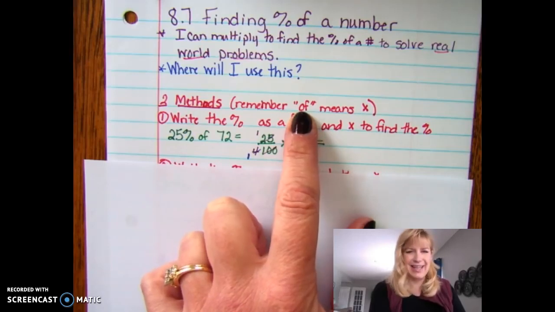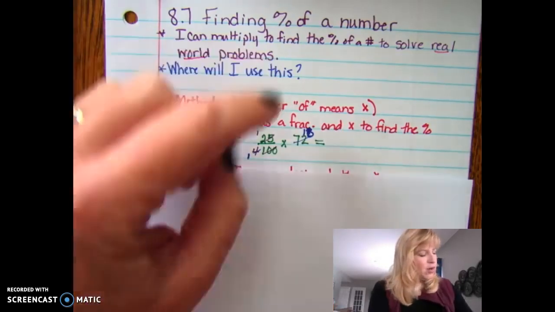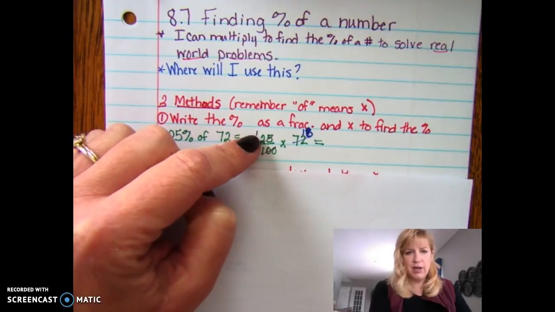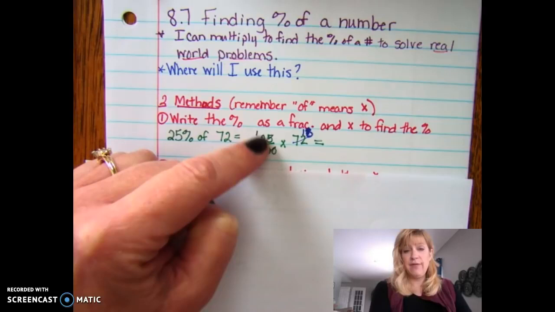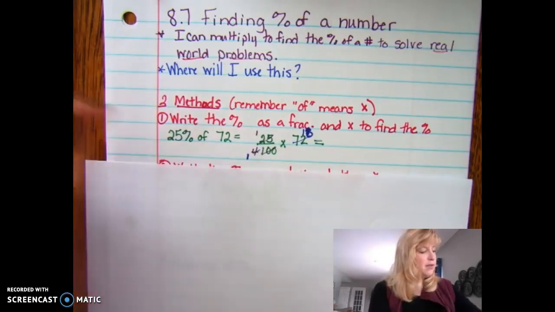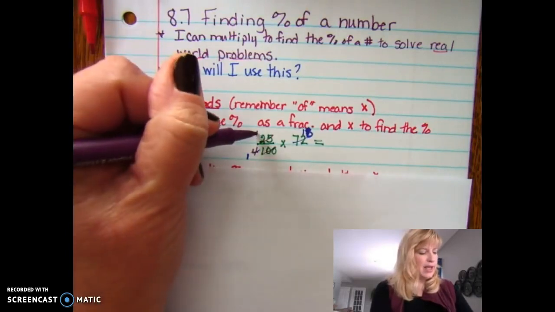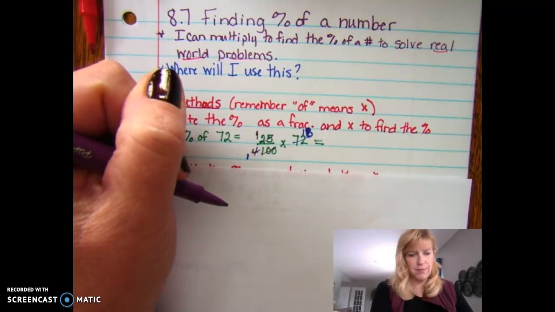It translates into a multiplication sign. So if we write 25% as a fraction, it is 25 over 100, 25 hundredths. Most of you have worked enough with this that you know that that is 1/4. So I already reduced that for you.